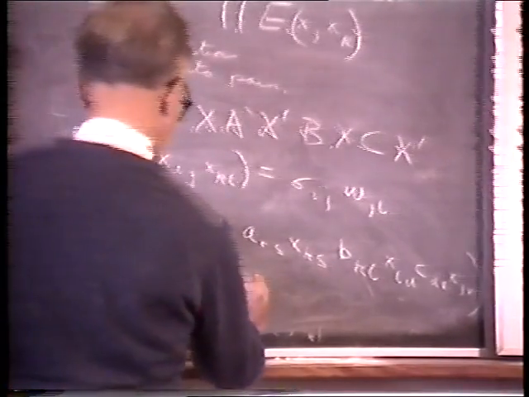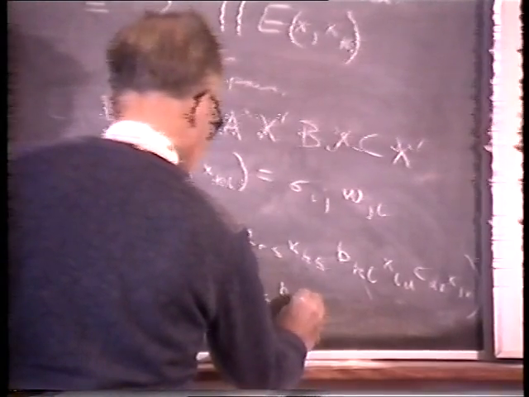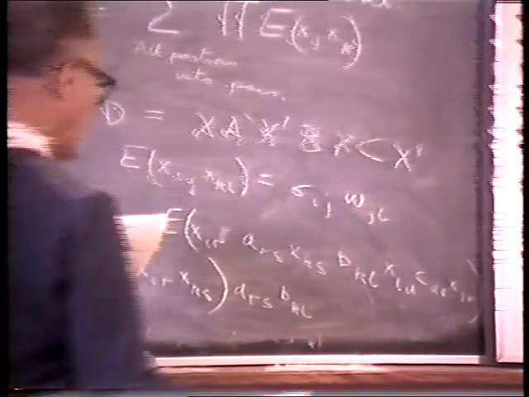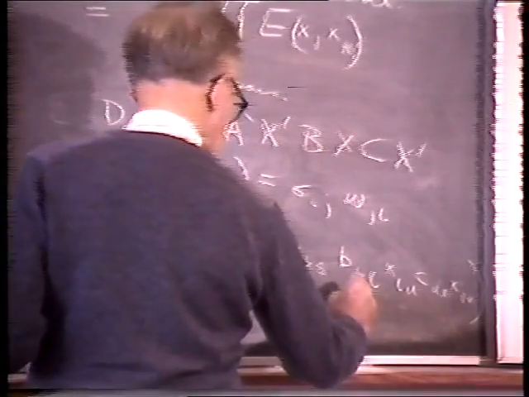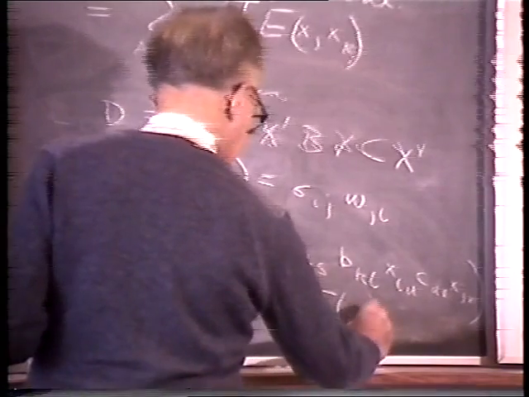Then write down the following terms ARS BKL. Then we must take the XLU with the XJV. That's the only remaining pair. So let's write that down next.